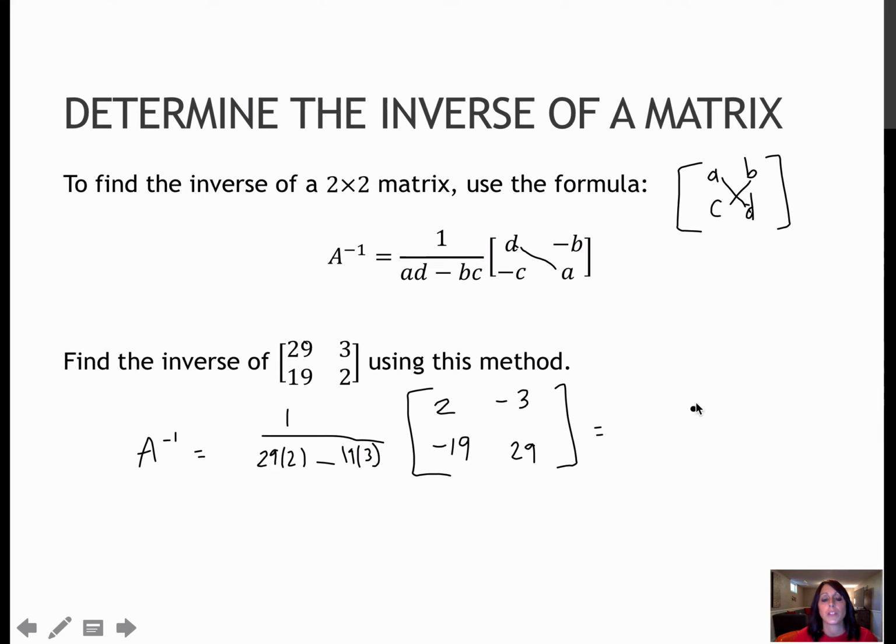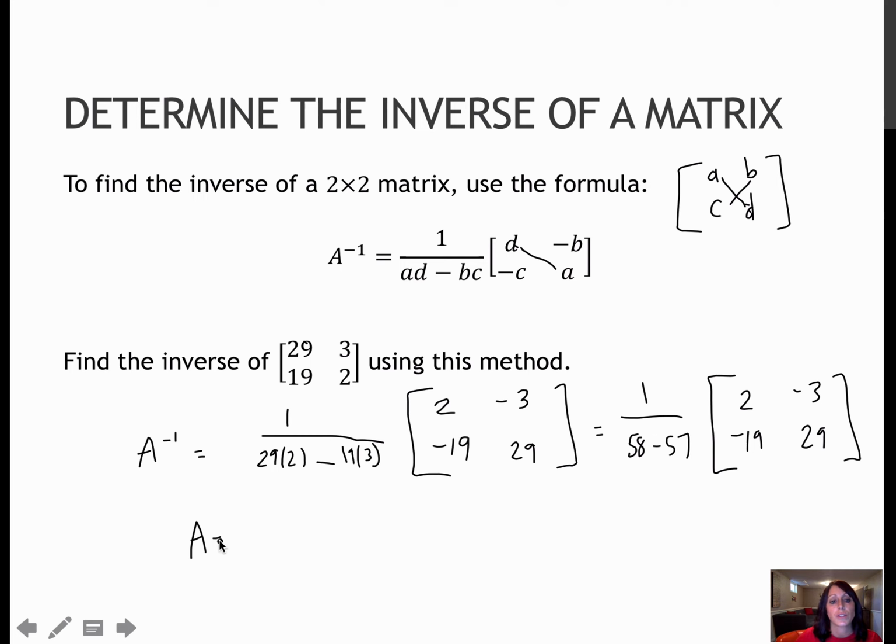So let's do a little bit of simplification. That's 1 over 58 minus 57 times all of that. Of course, 58 minus 57 is 1, so it's 1 over 1. So the inverse of A is 1 times all of that, which is 2, negative 3, negative 19, 29.